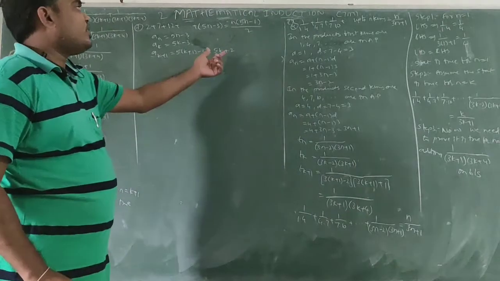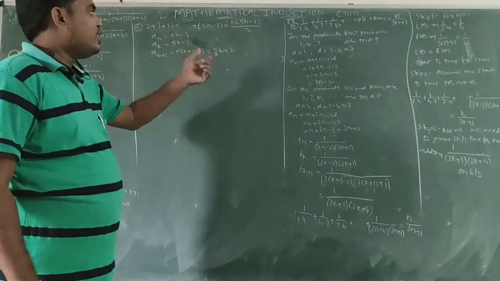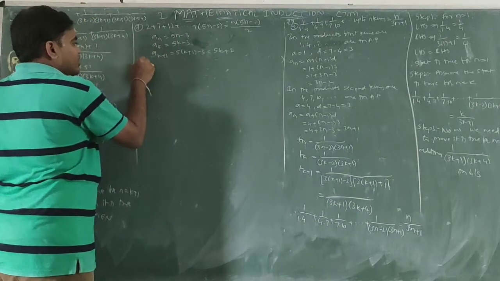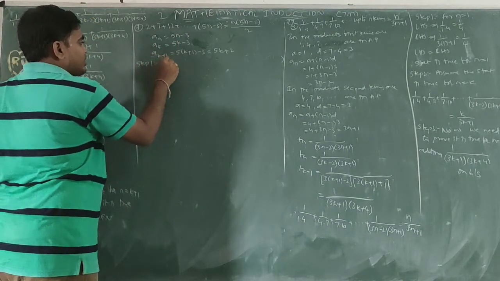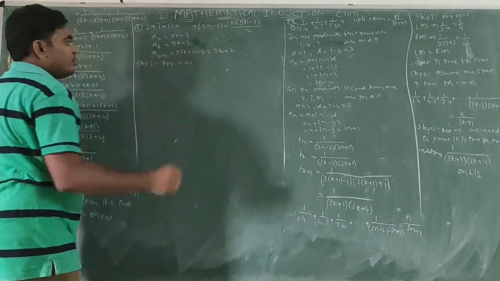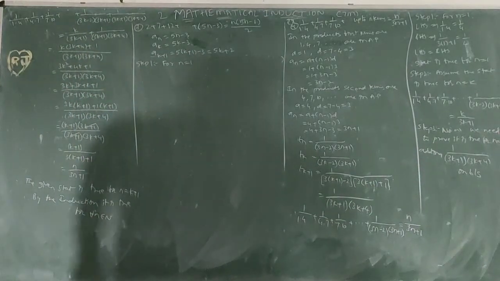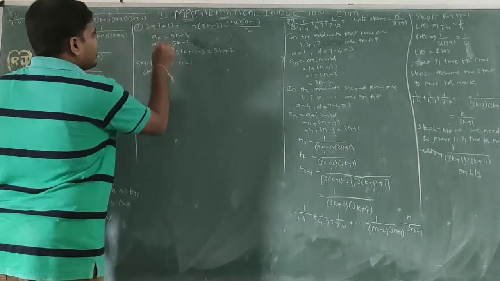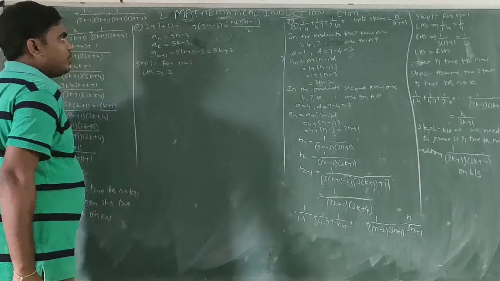So we are adding this term on both sides. This is the k plus 1 term. First, step 1 for n equal to 1. I am checking for n equal to 1. LHS: what is the first term? Simply 2.